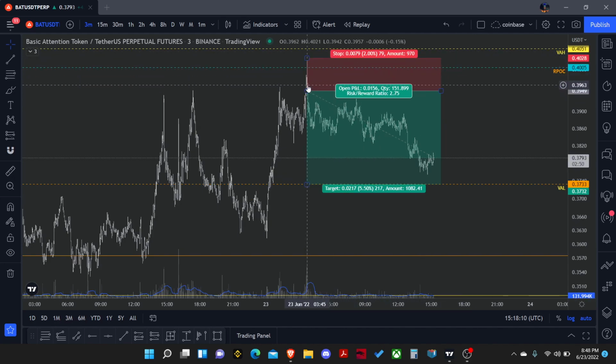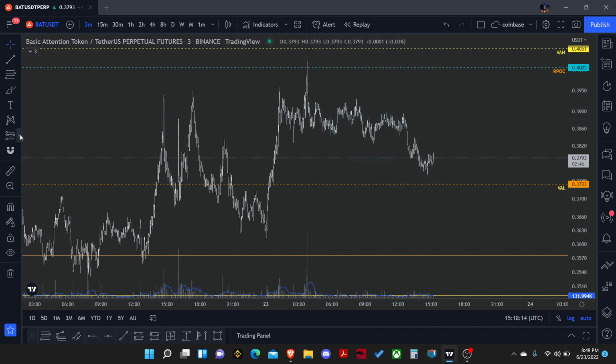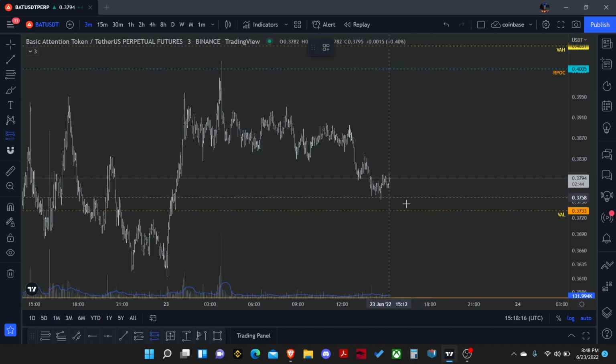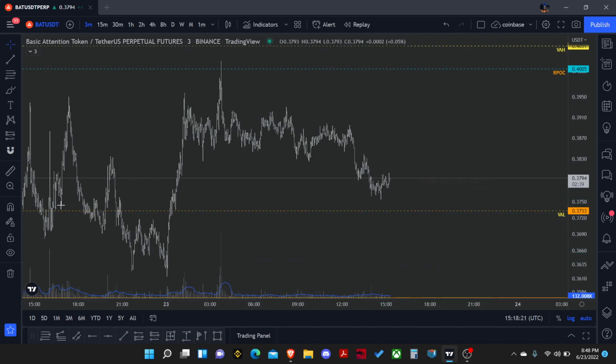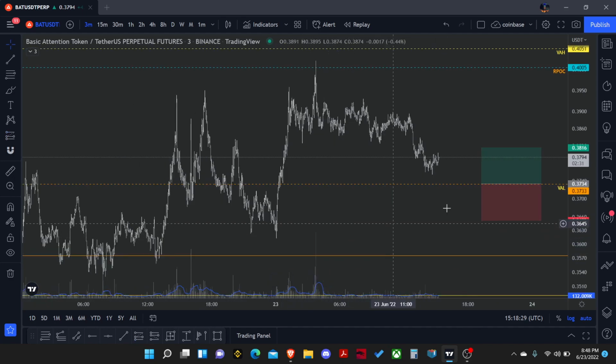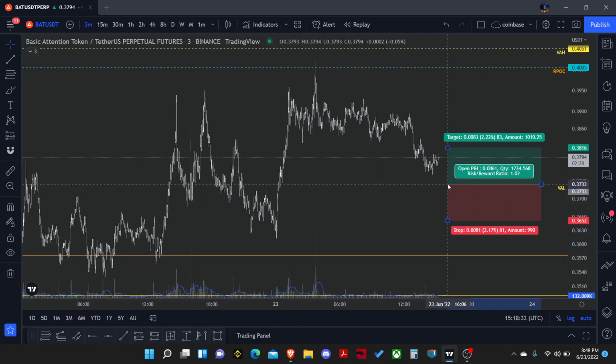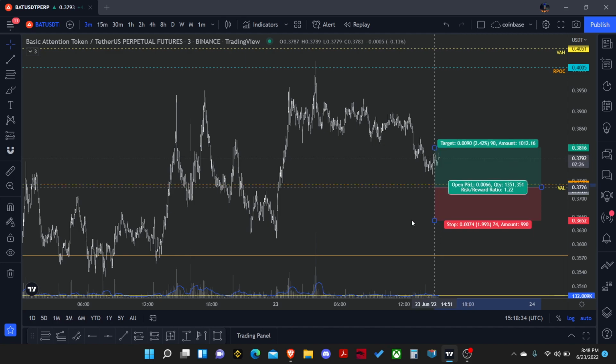You only need to get this tool, which you can get here. This is the short tool, and you can get the long position tool here. Suppose you got a nice reaction from the VAL, never take entries before you get any sort of reaction.